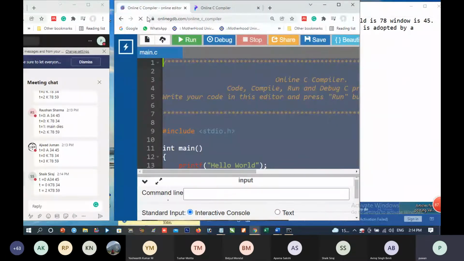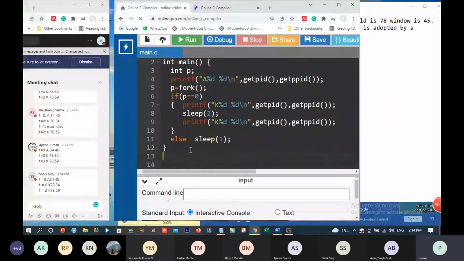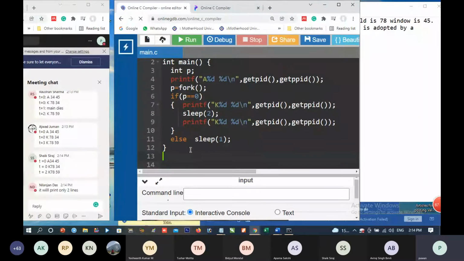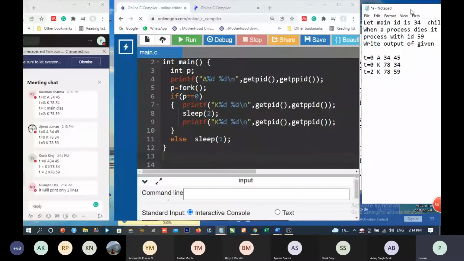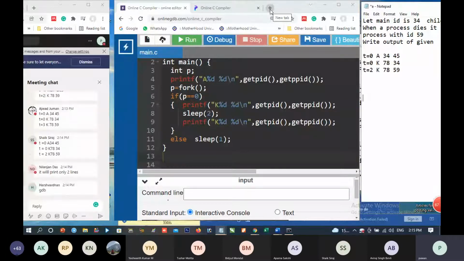What is the name of this editor? GDB. Yes, it is GDB. Try to use GDB editor and execute it.